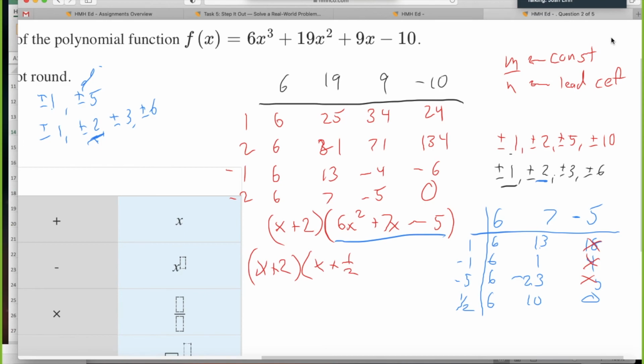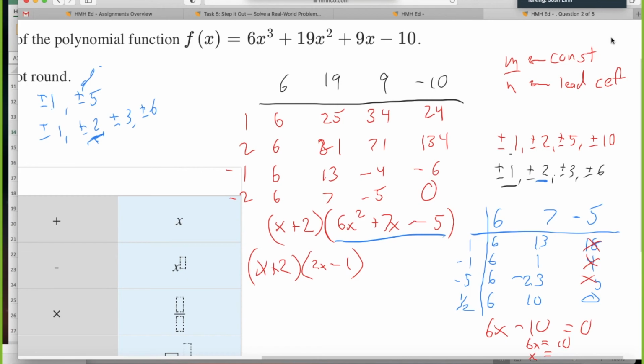We could also say that 2x plus minus 1 is a 0. And let's see what we have left. We just have a 6x minus 10. So that we can just solve normally. 6x equals 10.